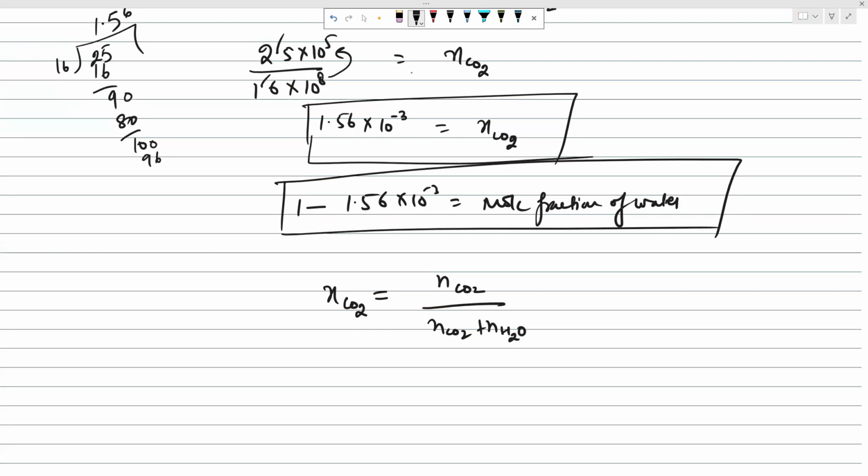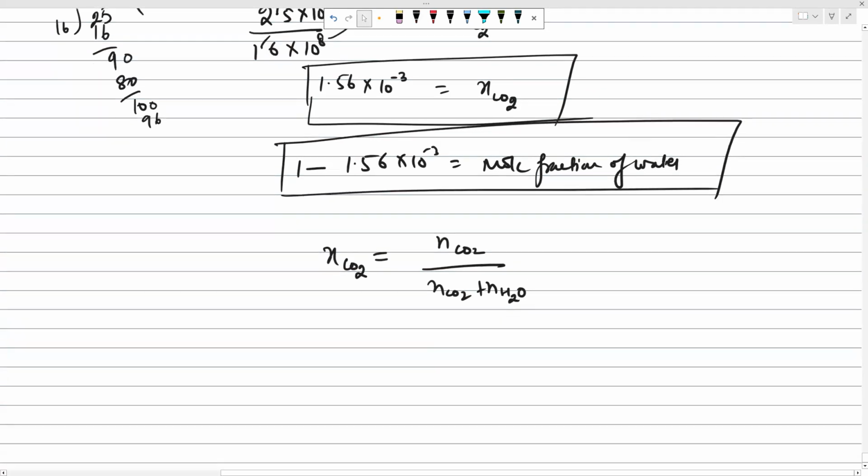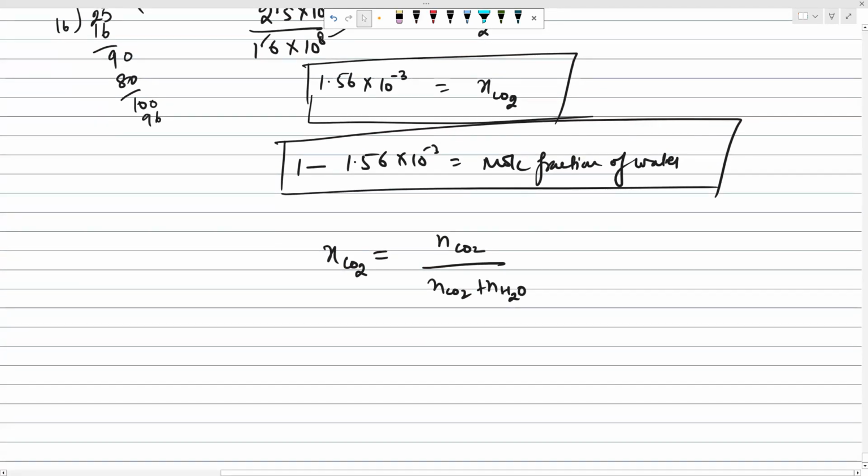You understood? Now this number of moles of CO2 you have to add, so you have to find out this one. So you write the number of moles of CO2 like this way. But this number of moles of CO2 is very, very less in comparison to the number of moles of H2O.